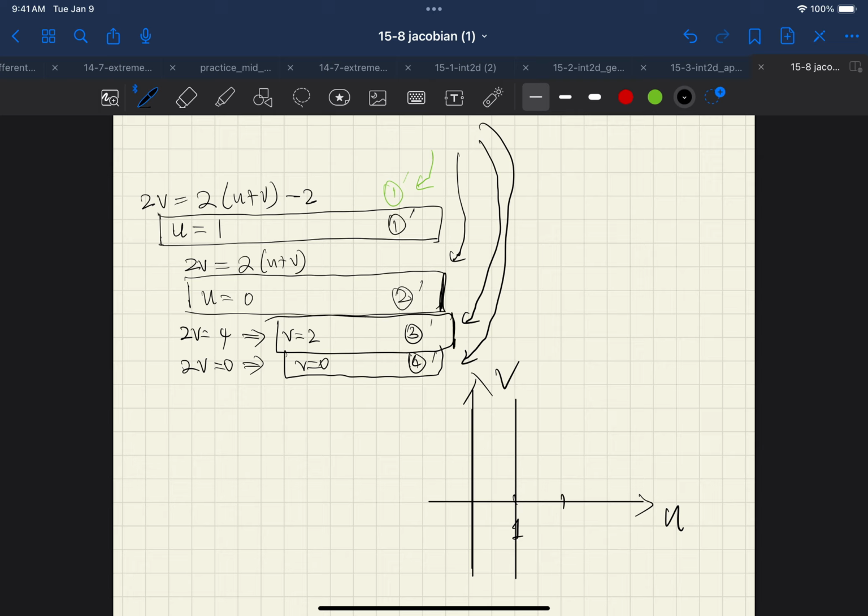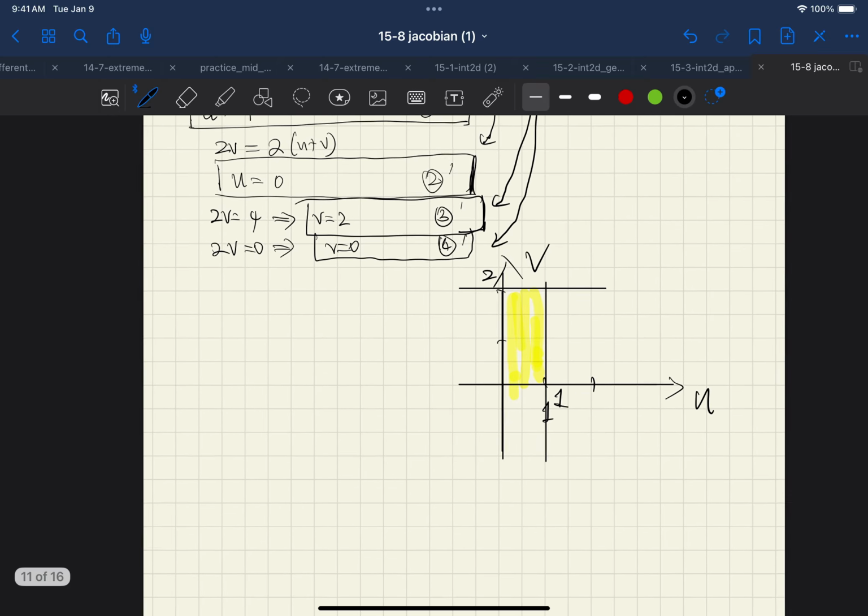And for number 3, v equals 2, suppose this is 2, then it's a horizontal line. And v equals 0 is the u-axis. So at the end, it's a rectangular domain, which is the shape we wanted at the beginning. This is 1, this is 2, this is 1. All right.